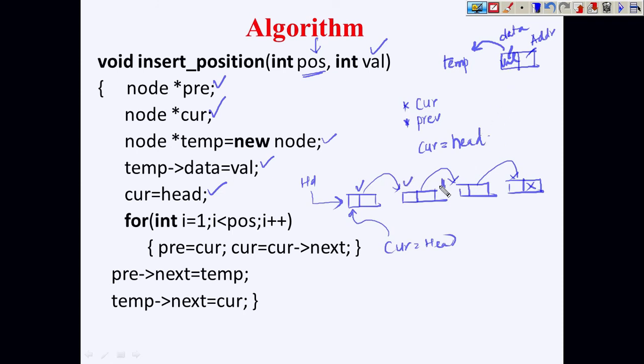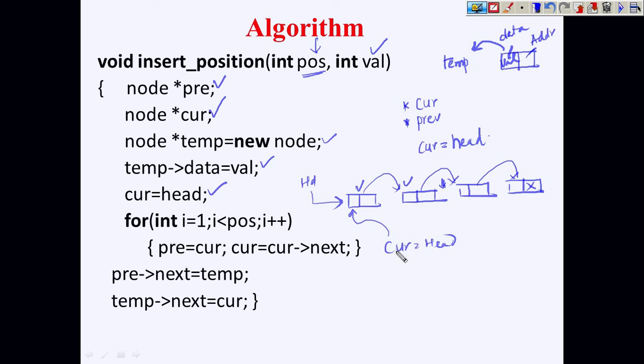Now this position can be used in many different ways, depending on the logic. You may say it has to be inserted in the third position, or you may say it has to be inserted after that position, means after the third position, or to make it the third position. It all depends. So depending on the logic, you can make it equals to or less than. So here I am interested to insert this at the third position.